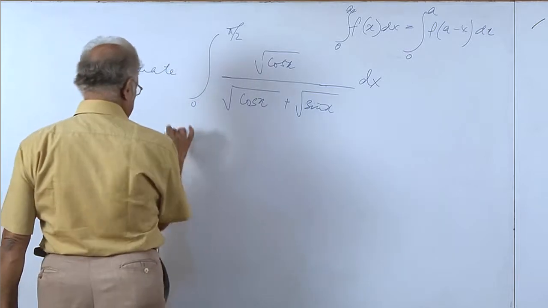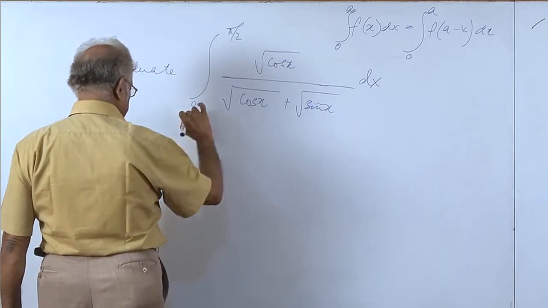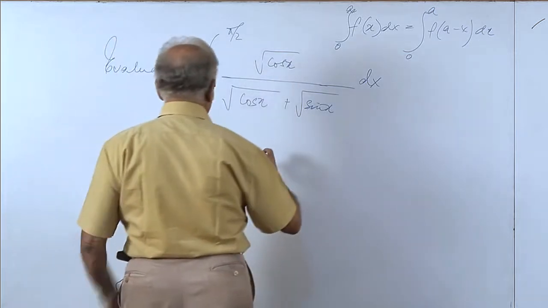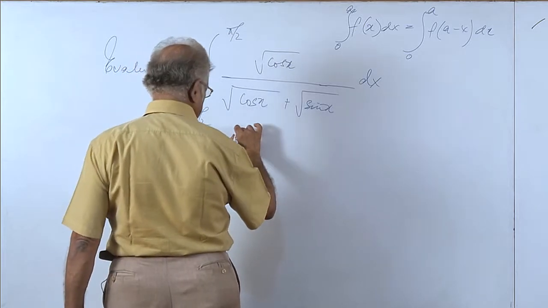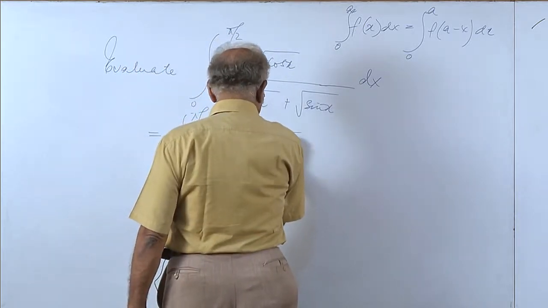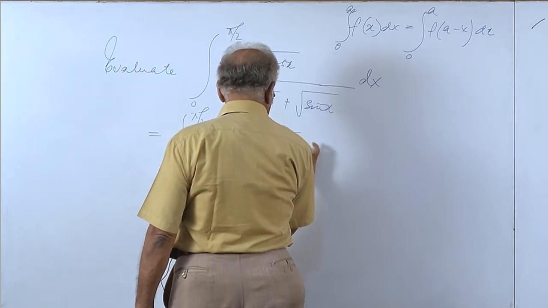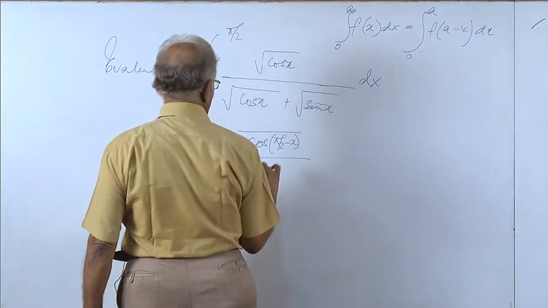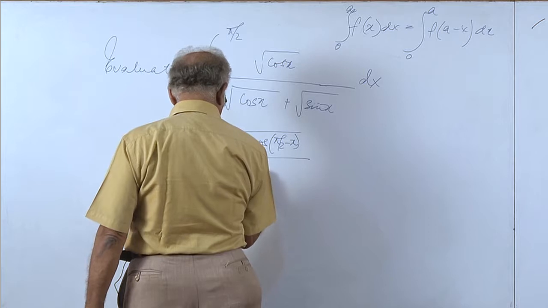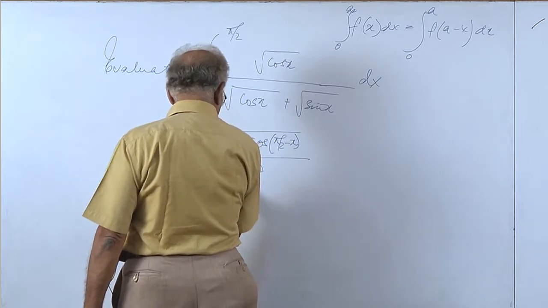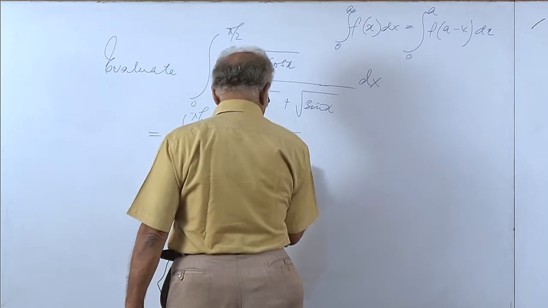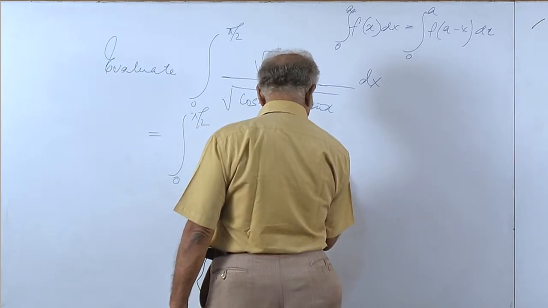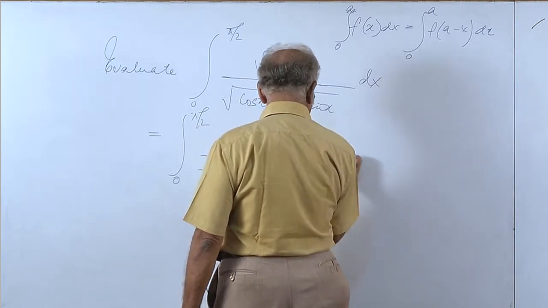So, this is going to be, by that property, the integral from 0 to a, here a is pi by 2, of root cos(pi by 2 minus x) divided by root cos(pi by 2 minus x) plus root sin(pi by 2 minus x) dx.